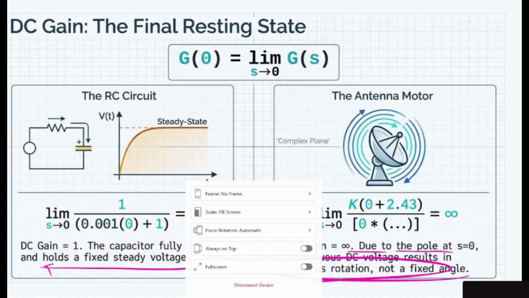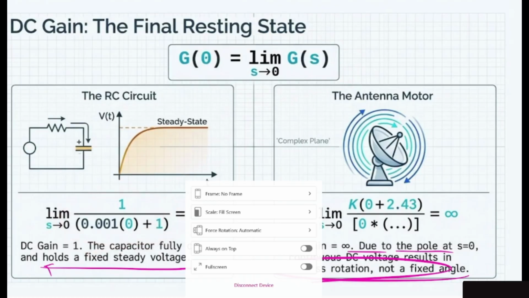Imagine that your G(s) is whatever, but you would like to find the value of G(0). It means, what would happen to your G(s) if your s is going to move to 0? Imagine that you have some kind of values, for example the voltage, and that one follows a formula 1 divided by 0.001 times s plus 1.